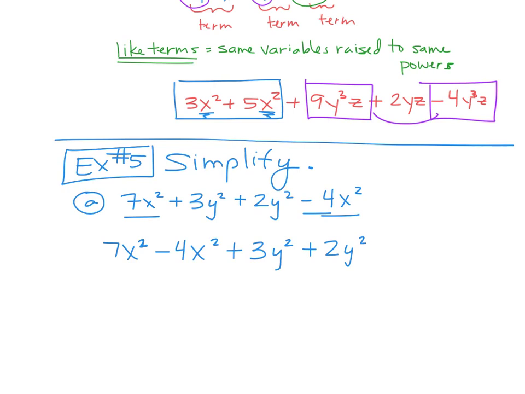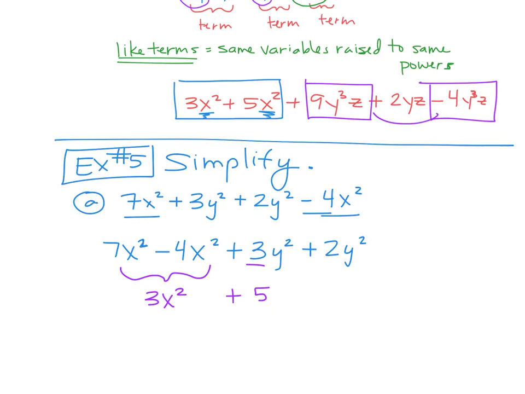How do I simplify that? What does it become? 3x squared, right? So this is 3x squared, plus what? 5y squared.